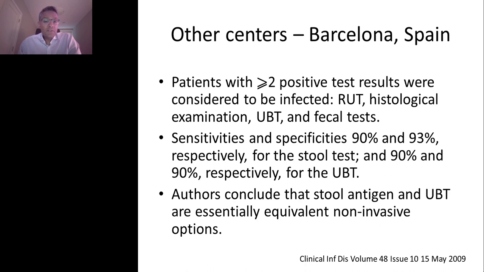These authors concluded that the sensitivities and specificities were 90% and 93% for the stool test and 90% sensitivity and specificity for the urea breath test. Ultimately, the authors concluded that the stool antigen test and the urea breath test were essentially equivalent non-invasive options.